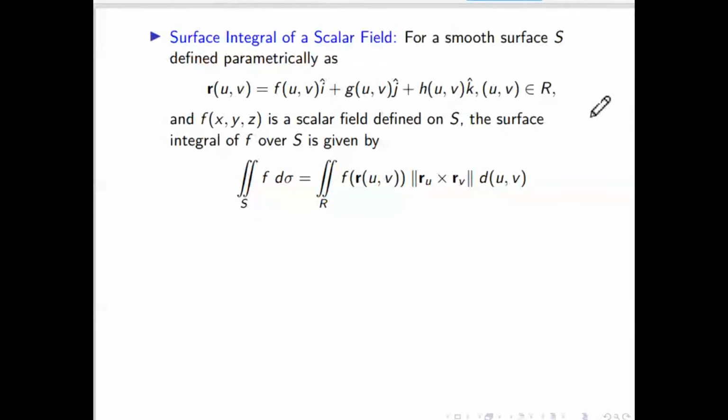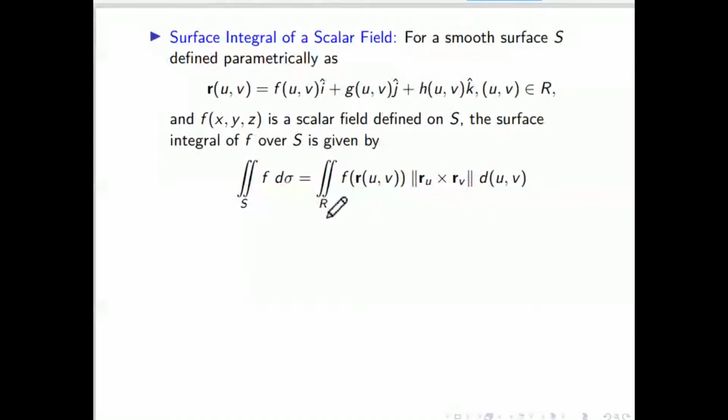Smooth surface means the partial derivatives of f, g, h exist and are all continuous, and r is a parameterization of the surface, and f is a scalar field. Then the surface integral of f over the surface S is defined by the double integral of f at the parameterization r(u, v), times the norm of r_u cross r_v, dudv.